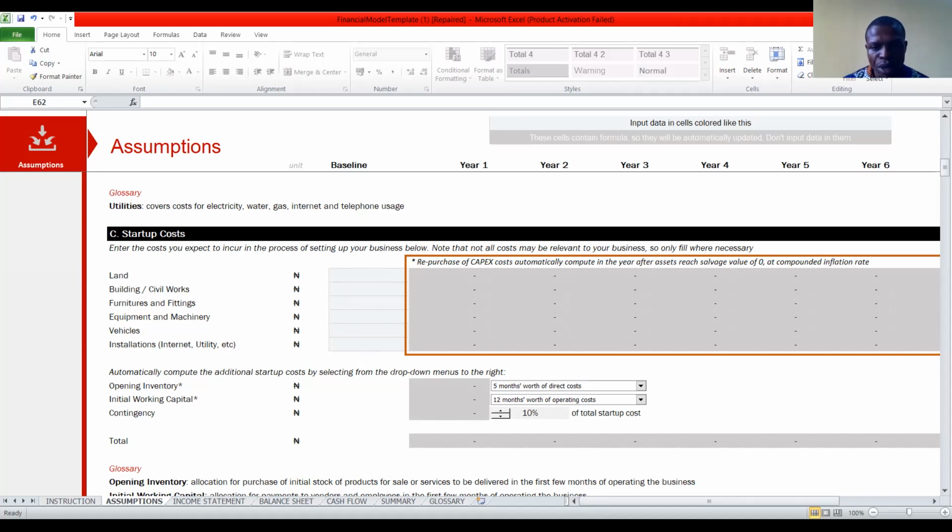So what we'll be doing here is that we will just bring this 6,350,000 here, furniture and fitting, capital equipment. Okay, very cool.